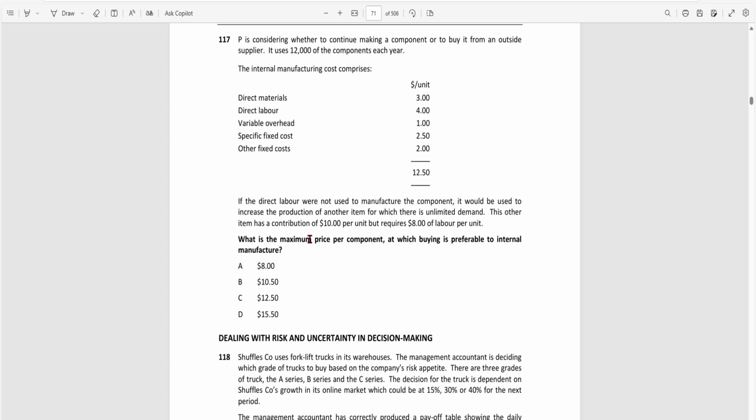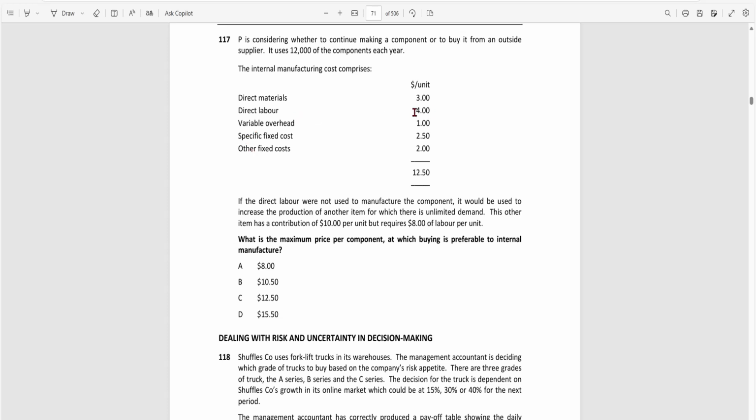So currently we are incurring this cost. Up to here it is clear, right? So we will take 3, 1, and 2.50, because they are specific. We will not take the other fixed cost because it will be incurred anyhow even if we don't choose to produce. If the question says specific, in that case we need to consider it.